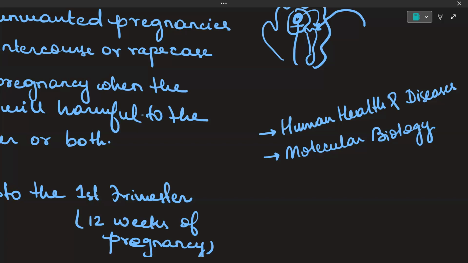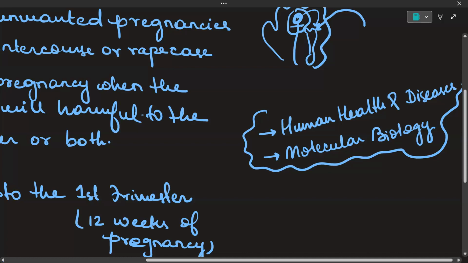See, as far as biology goes, the more you study, the more you read books, the more you read NCERT. Even if you read NCERT 10,000 times, those 10,000 times will be beneficial to you every single time.